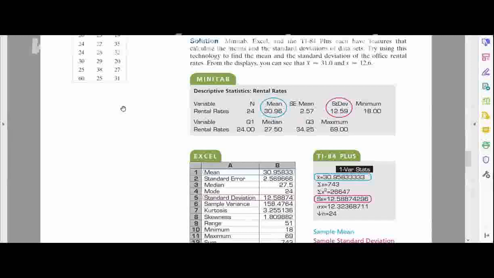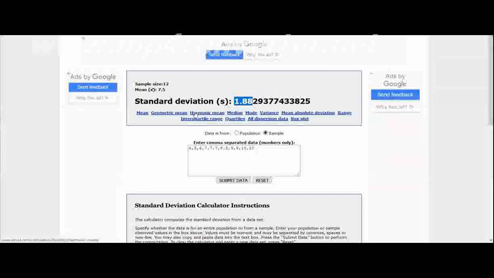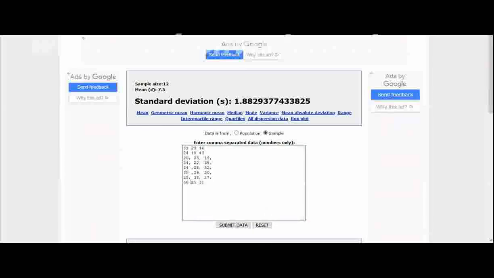So let us collect this data, copy and paste them in Alcula. Let us separate these all. Okay, one more row.